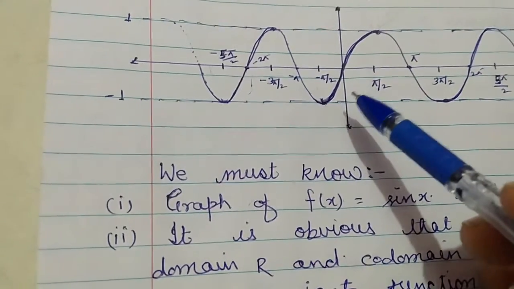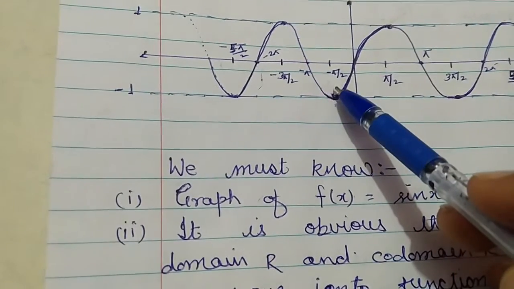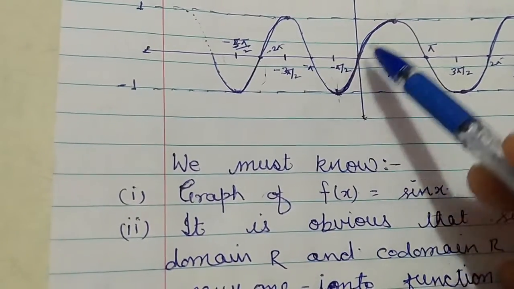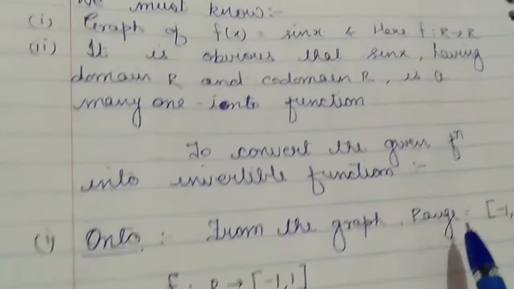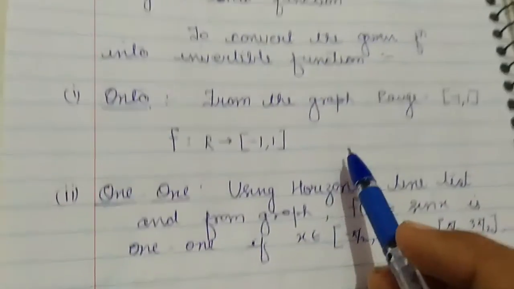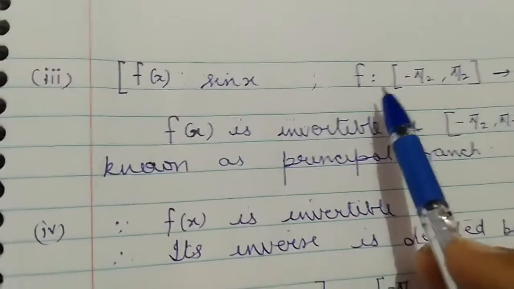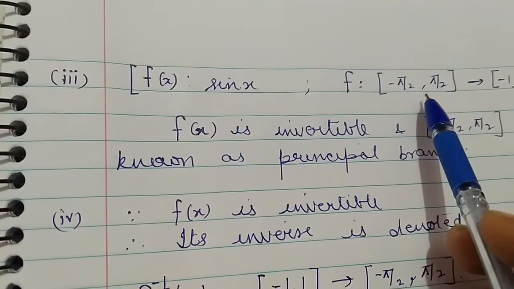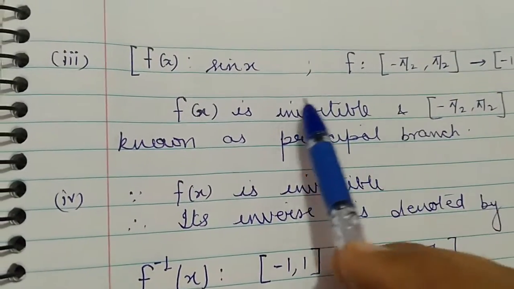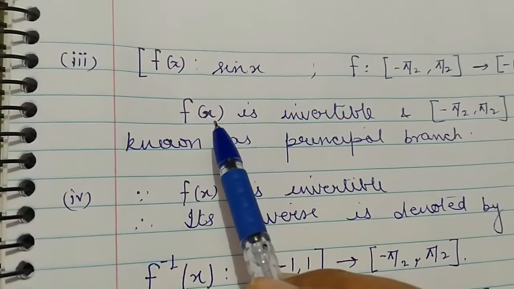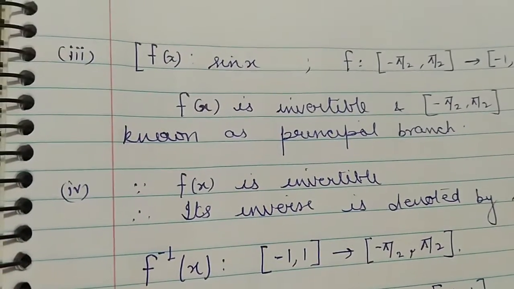Now it is clear that if we restrict the domain from -π/2 to +π/2, and the codomain is replaced by -1 to 1, then the trigonometric function f(x) equals sin x will become a bijective function, and we know that a bijective function is also an invertible function.